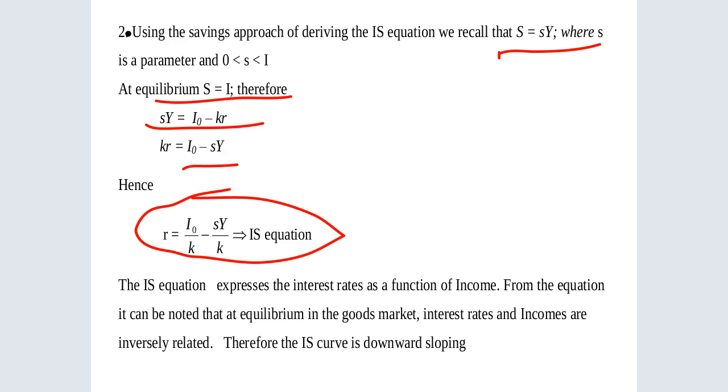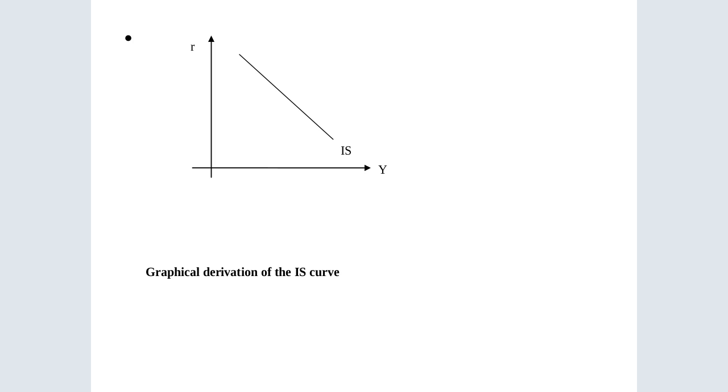So that implies that the IS curve is downward sloping. So from here you can see the nature of the relationship between R and Y. The negative sign here implies an inverse relationship. That means that as R increases, Y reduces. And as R reduces, Y increases. So that gives you a downward sloping IS curve.